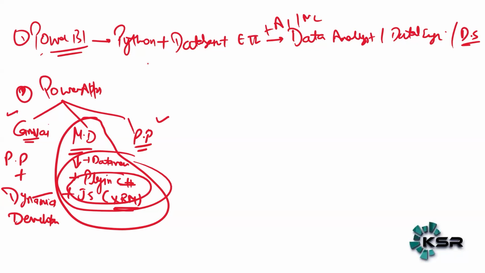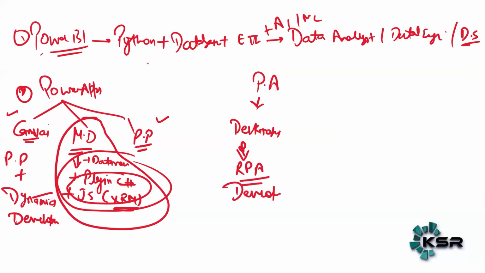Now in Power Automate, if you can work on desktop flows properly, you can become an RPA developer. RPA is nothing but robotic process automation. There are multiple tools in the market for RPA: UiPath, Blue Prism, Automation Anywhere.